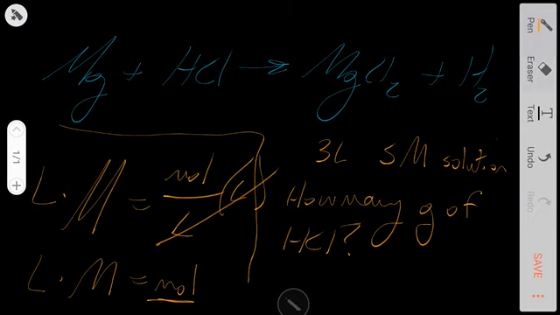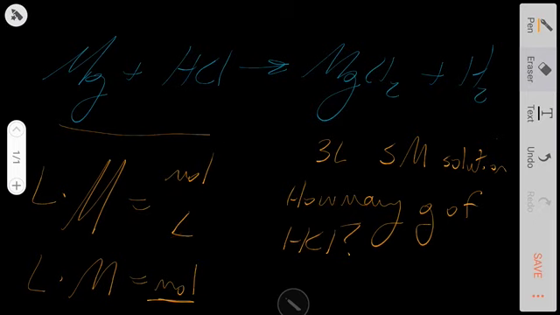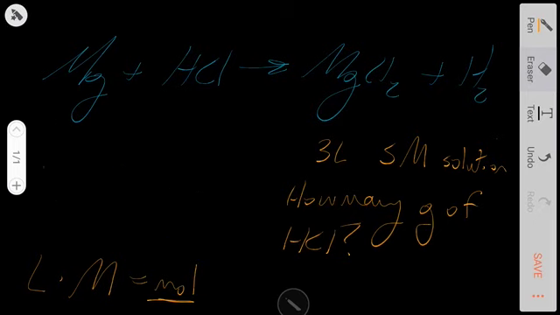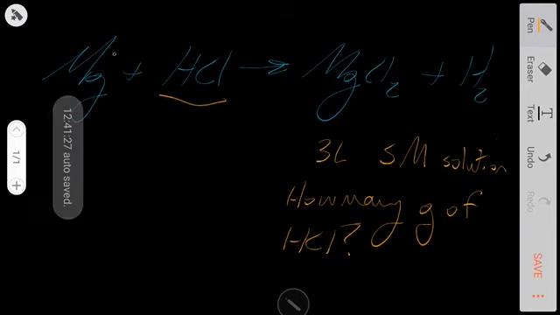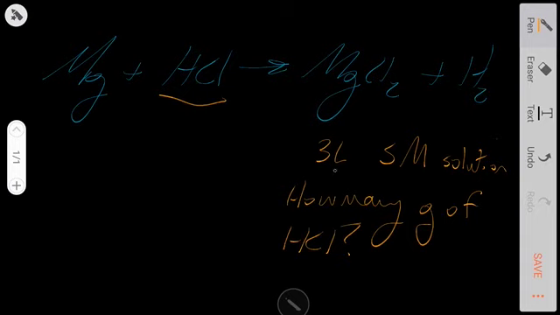Hopefully you've written these down. And I'm using HCl because it's part of our master equation for the test, if you will. So what things am I given? I'm given 3 liters, and I'm given molarity, and I want to find out how many grams.